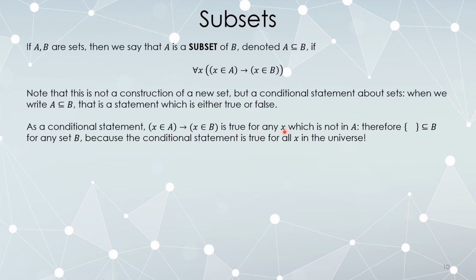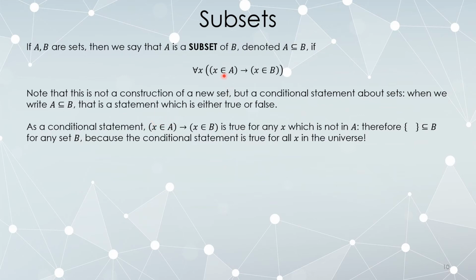This is true vacuously if x is not in A. If x is not in A, the hypothesis is false, which makes this conditional statement vacuously true. So look at the following claim: the set with no elements is a subset of B. That is true regardless of the set B, because if this is my set A, this hypothesis is always false, because there is nothing in the set, so nothing is an element of it.